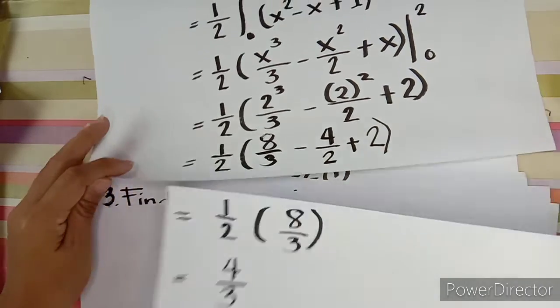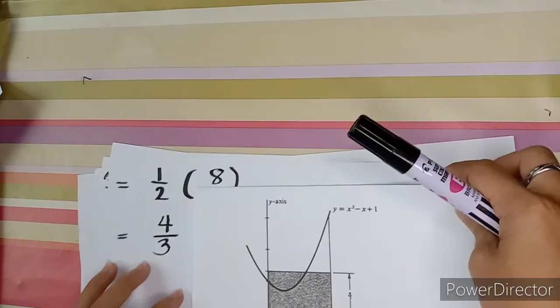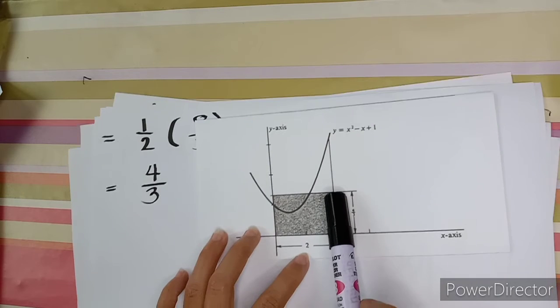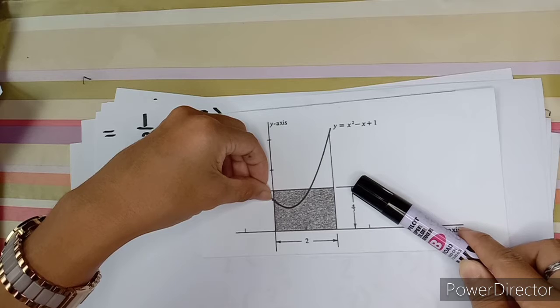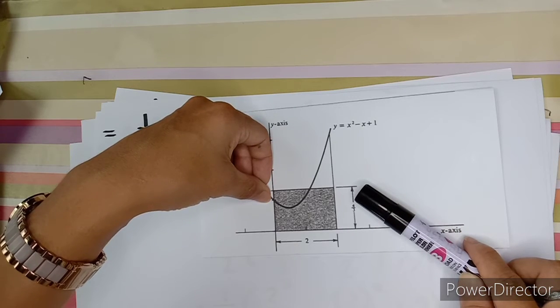So that is the average value of the function. This is how it looks. This is the average value of the function, the 4/3, which is equal to 1.33 continuing.